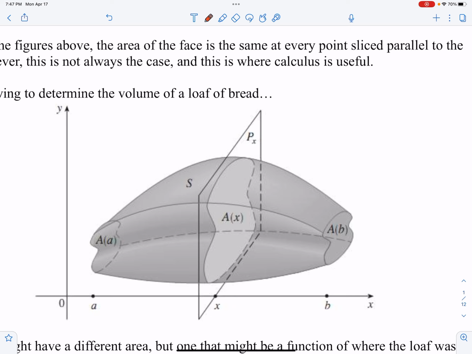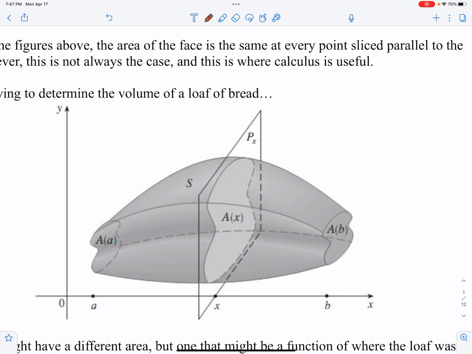What if you cut it into slices and then found the volume of each slice? If you were able to figure out the area of the front of each slice, you could multiply it by the width of each slice, and that would represent the volume of each slice, and then you could add all those volumes up.